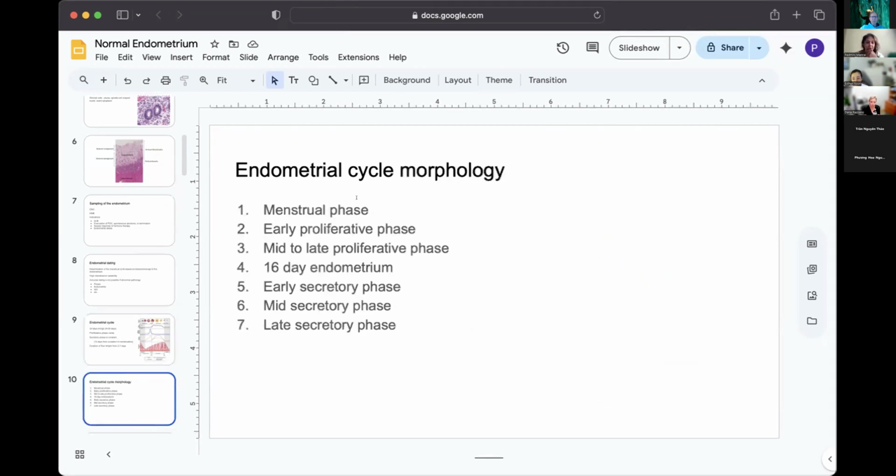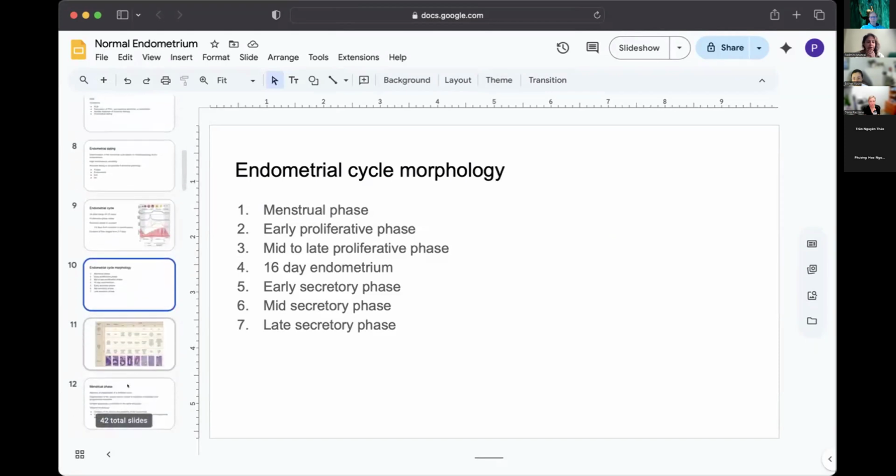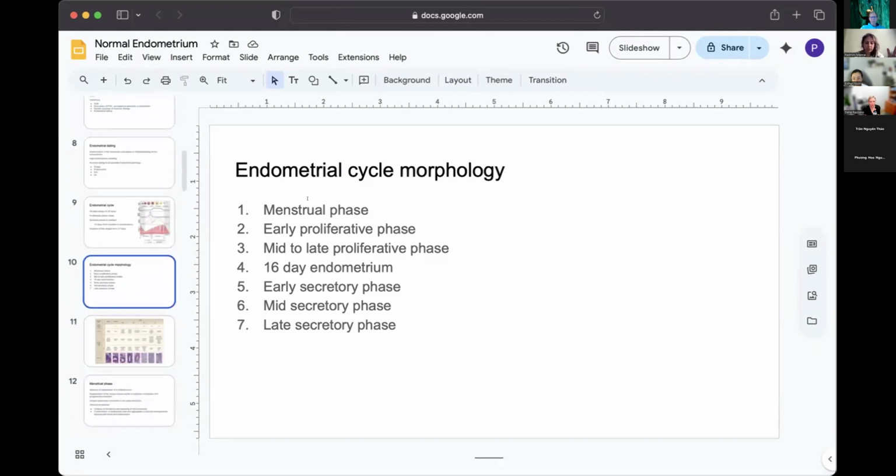menstruation. So we start day one, we always say, is the menstrual phase, and then we move into proliferative, and then at the midway mark, that 16-day endometrium is a term sometimes used, and then into secretory, and then back into the cycle of shedding. And what I'm going to go over next is what changes we normally see in these different phases.